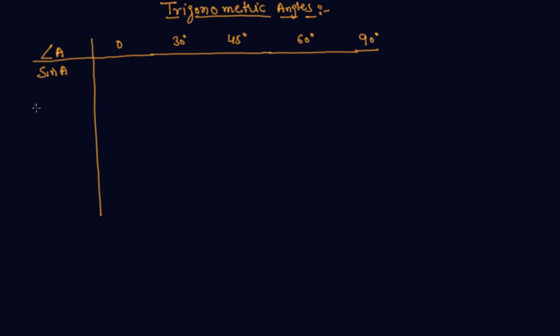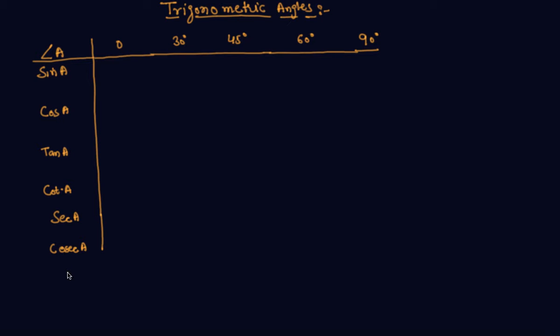Here is sine A. Here I'll write cos A, tangent of A, cotangent of A, secant of A, and the last is cosecant of A. These are the 6 trigonometric functions I am writing here.